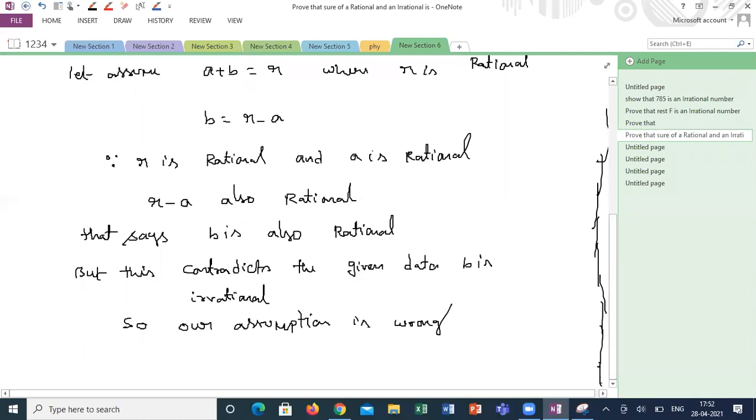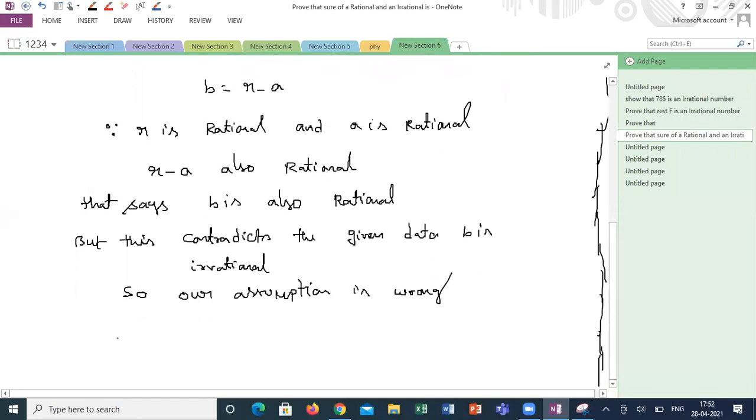So what is the statement? Therefore, A plus B. I took A as a rational number, B as an irrational number.